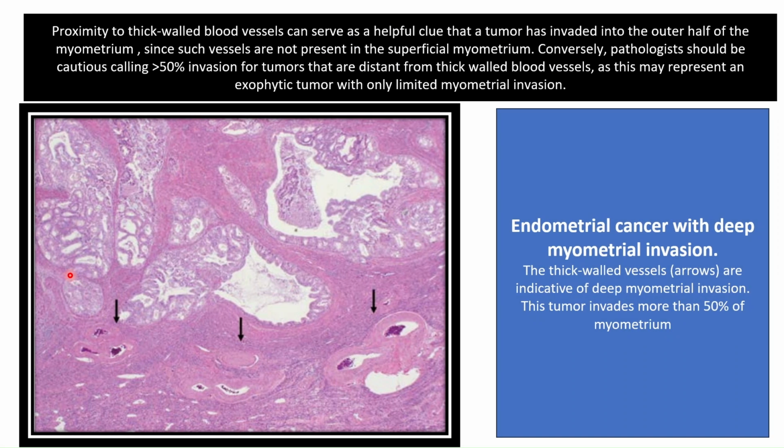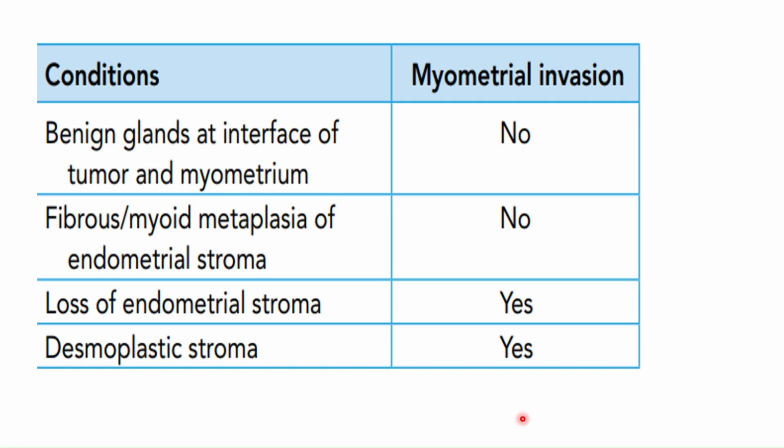Here we can see this is the growth and these are the thick-walled blood vessels, which are present normally in the outer half of the myometrium. So this is called deep myometrial invasion because the tumor is near these thick-walled blood vessels. Here this blood vessel shows Monckeberg calcification in the vessel wall. So this is medial wall calcinosis and is indicative of invasion.